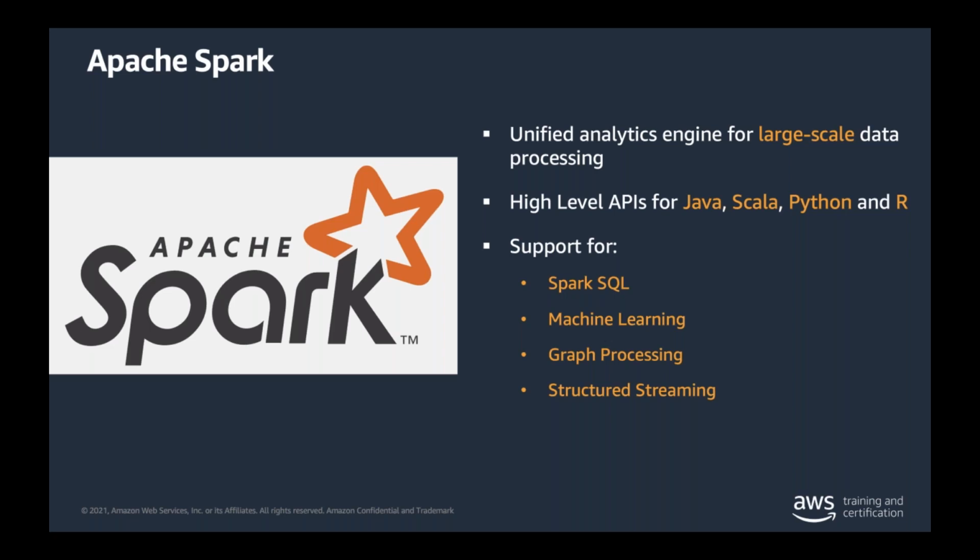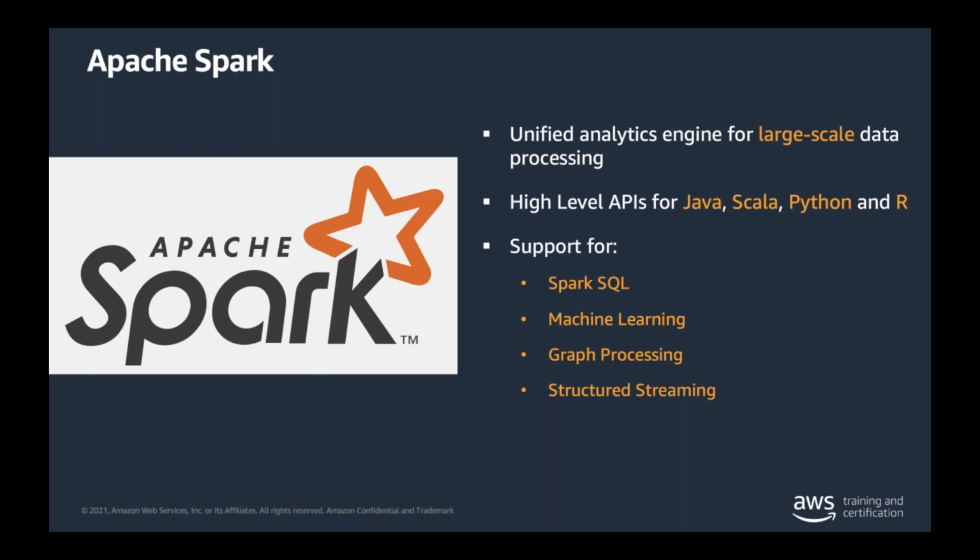It also supports a rich set of higher-level tools, which includes Spark SQL for SQL and structured data processing, MLlib for machine learning, GraphX for graph processing, and structured streaming for incremental computation and stream processing.